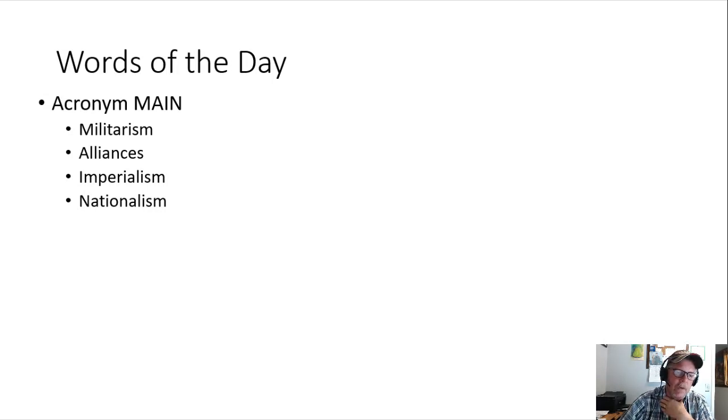The second one is probably the most critical part of why World War I. All these alliances. So we have really two sides starting to develop. And they develop alliances, which says if you are attacked by the enemy side, I'm going to come to your aid.